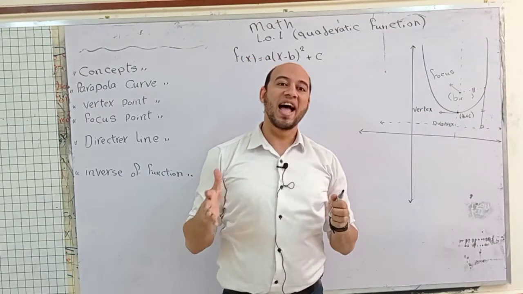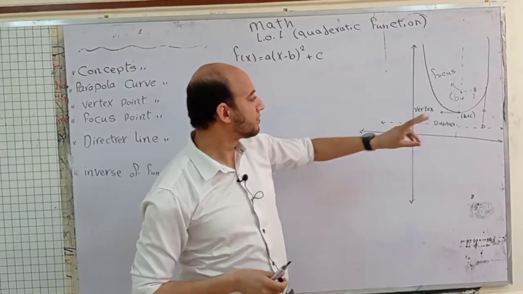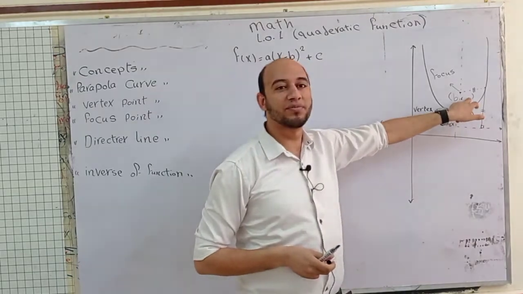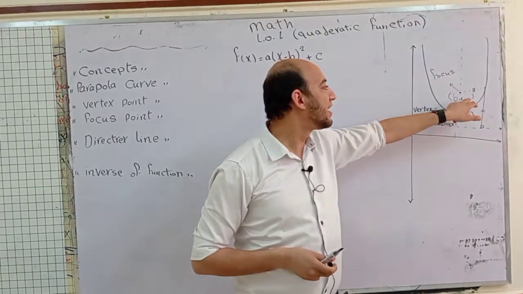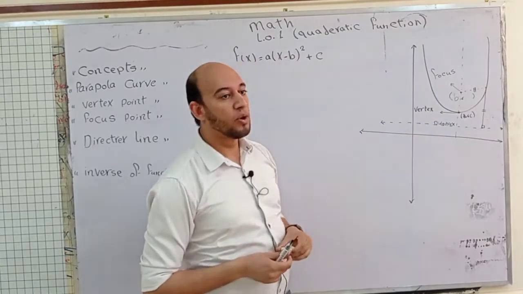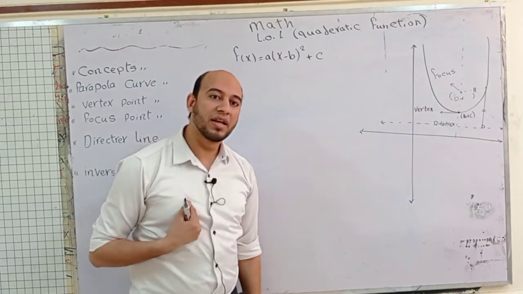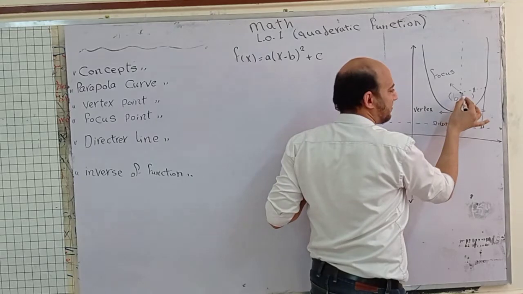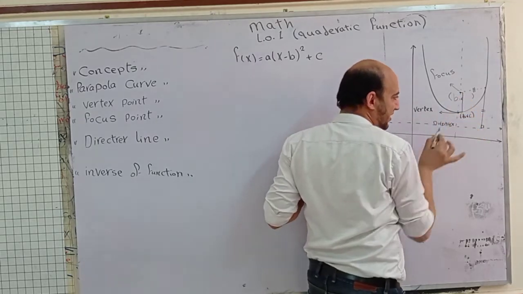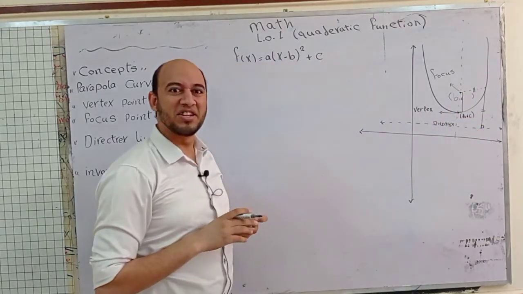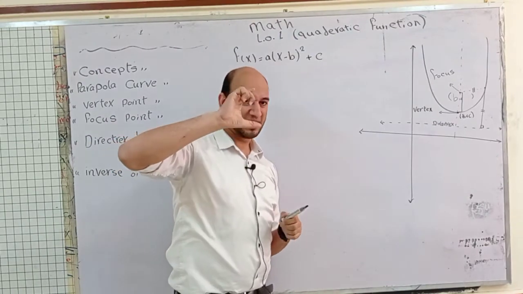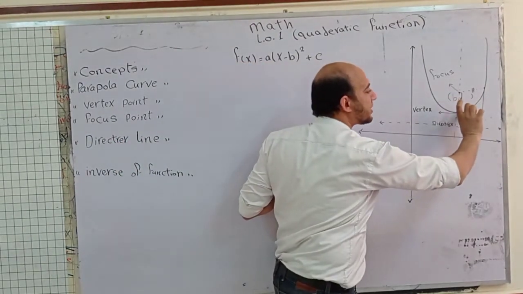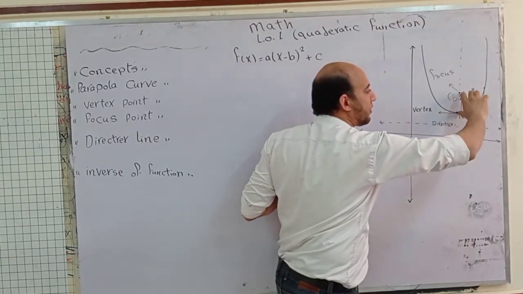Now, how can we get the y coordinate? We can get the y coordinate if we know this vertical distance between the vertex and the focus point.